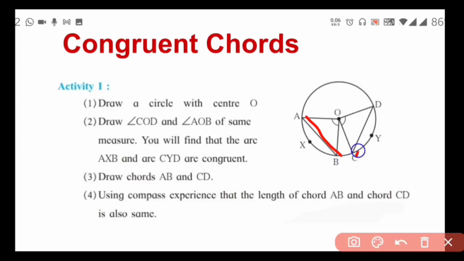When we join points C and D, we get chord CD. Because arc AXB is congruent with arc CYD, chord AB will also be congruent with chord CD. We will use the compass and we will find that length of chord AB and length of chord CD are also same. So let us do this activity on one page.